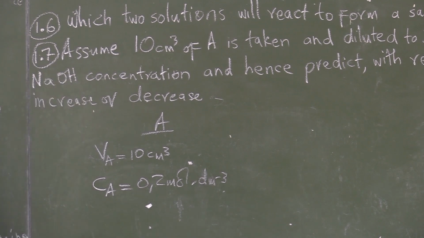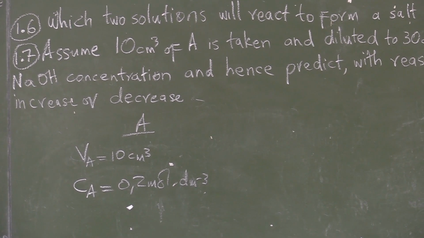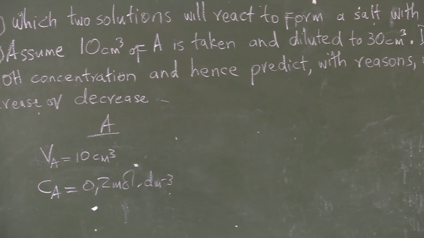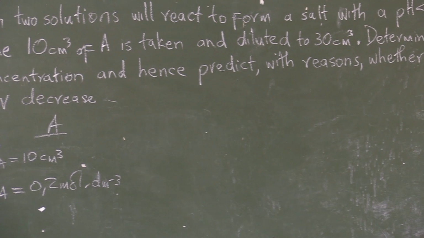So we have 10 cubic centimeter with a concentration of 0,2 mole per decimeter cubed, and it is diluted to 30.